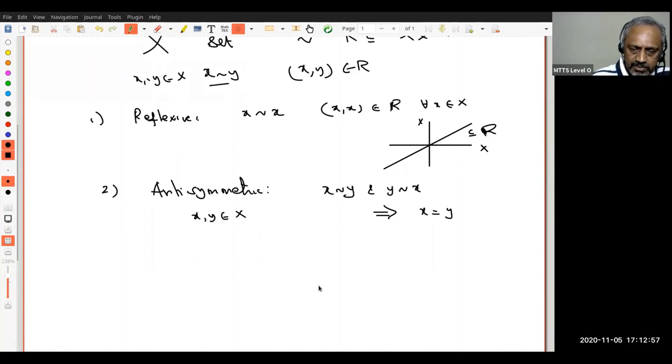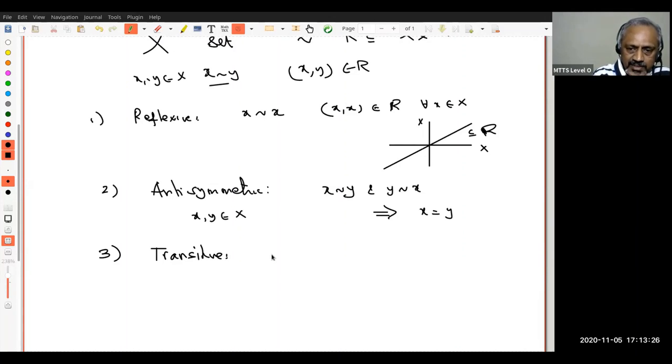And the third, it's supposed to be transitive. Why is it called antisymmetric? What is meant by symmetric? If x is related to y, then y must also be related to x. Then you call it symmetric. Antisymmetric means if x is related to y and y is also related to x, then I should conclude x must be equal to y.